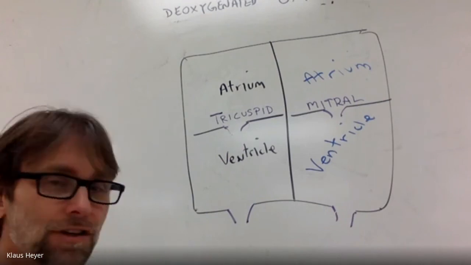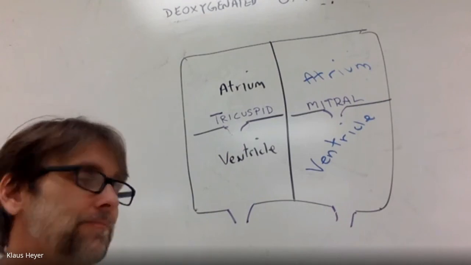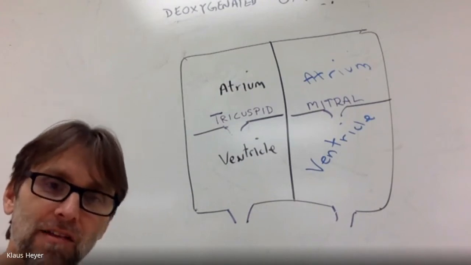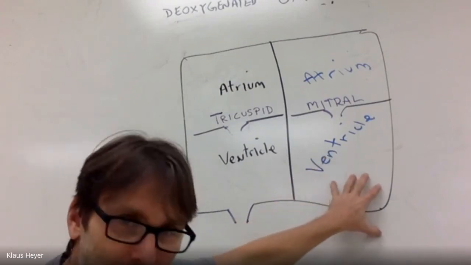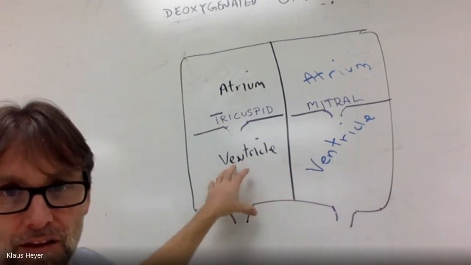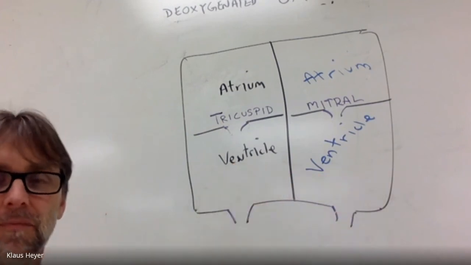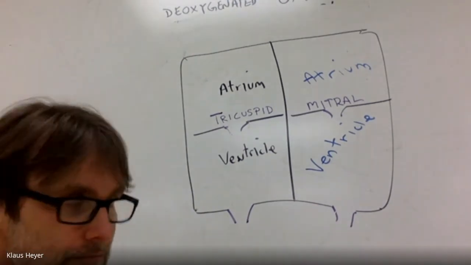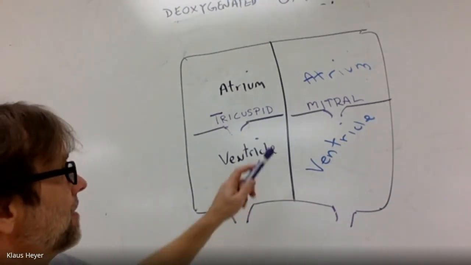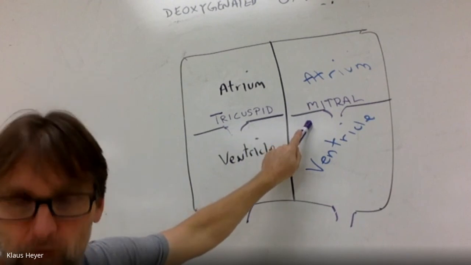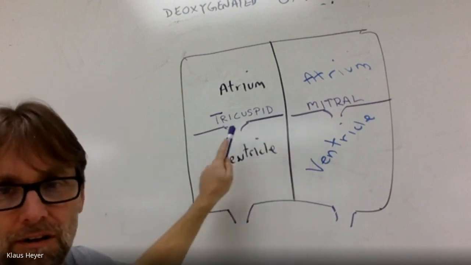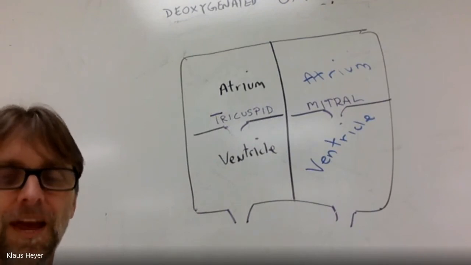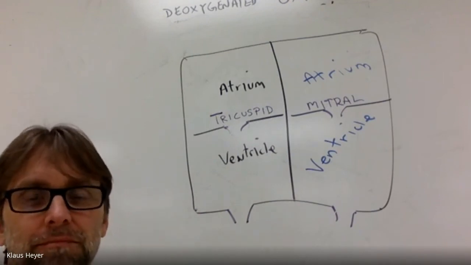In fact, if you look at the heart muscle on both sides, this muscle is thicker than this muscle. You could see it. But anyway, mitral valve or bicuspid if you want. Tricuspid, mitral. Those are the two AV valves.